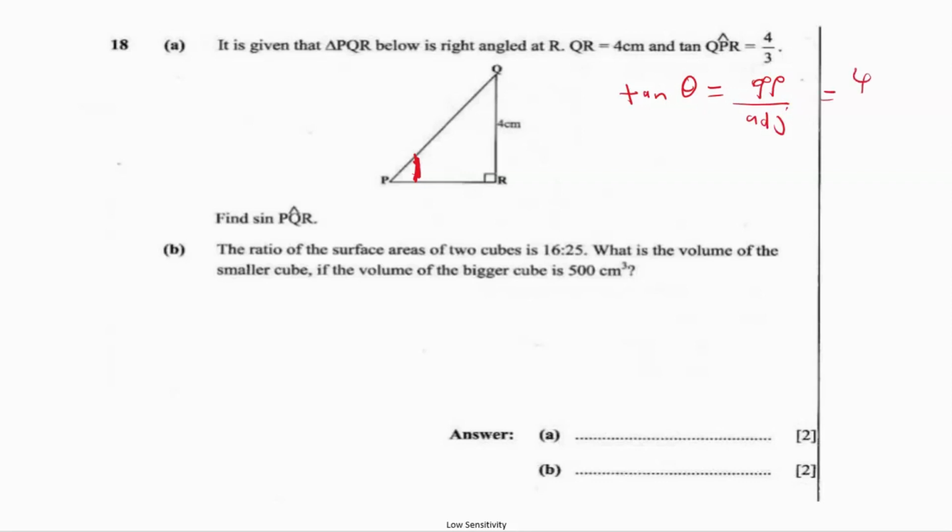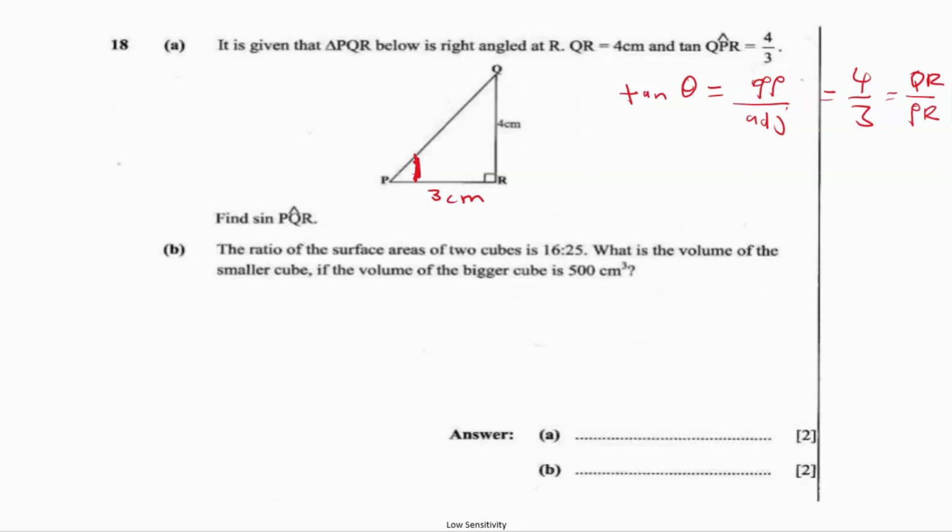In our case we're given 4/3. So we know that the opposite here is going to be 4, and the adjacent side is going to be, so the opposite side is QR and the adjacent side is PR. So that gives us this as 3 centimeters. So we now have QR and PR.